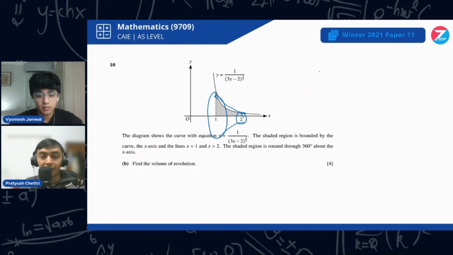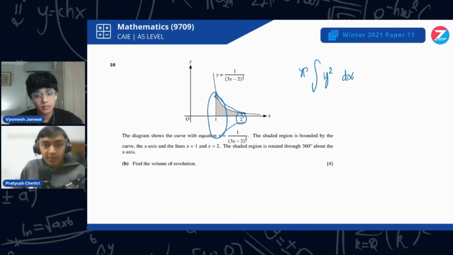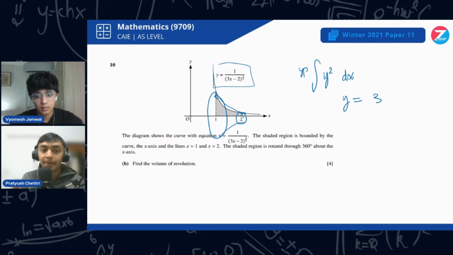Okay, hope you remember the formula, which goes something like pi r squared, where r is y, times dx, the thickness. Simple enough here. Y is 3x minus 2 to the power minus 3 by 2, because that's the bottom of the fraction. So y squared, since they're in brackets, we can just square the brackets bit.